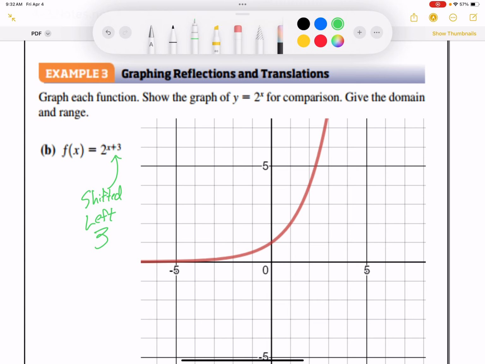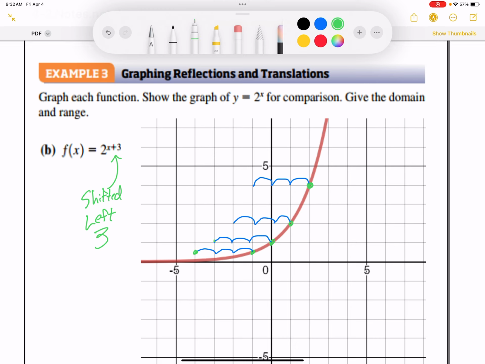So that means you find a point, this point here, this point here, this point here, and you shift it to the left. 1, 2, 3. 1, 2, 3. Now we've got our new points.